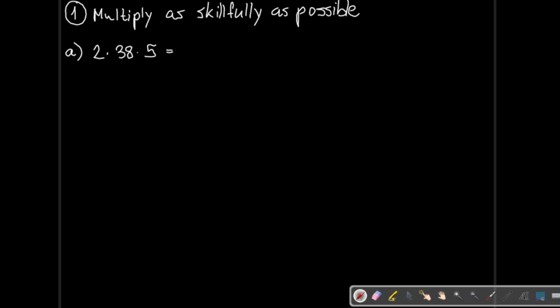We know that 2 and 5 multiplied is 10. So that gives us 10 times 38, and multiplying by 10 in general is very simple. We just add an extra 0 to 38, that gives us 380. And so that was very, very much simpler.